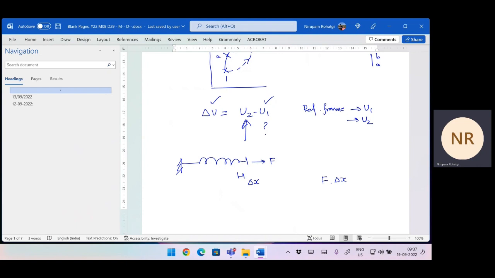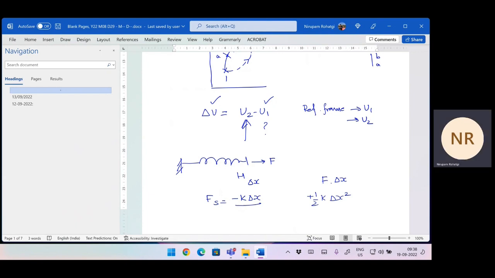This spring will be stretched to a longer length, because the spring can store only half k x square. Because the spring force is equal to minus k delta x.